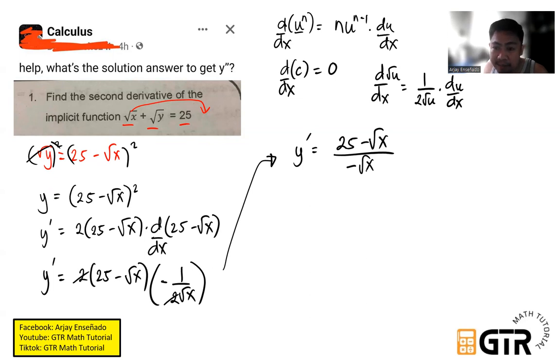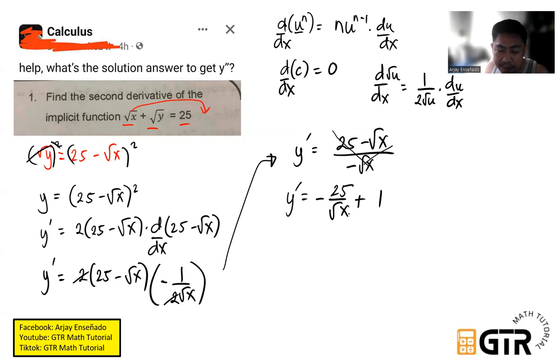So now let's just simplify this, distribute the square root of x. So distribute natin. So therefore, we have y prime is equal to negative 25 over square root of x, and then negative square root of x divided by negative square root of x, that's simply positive 1.